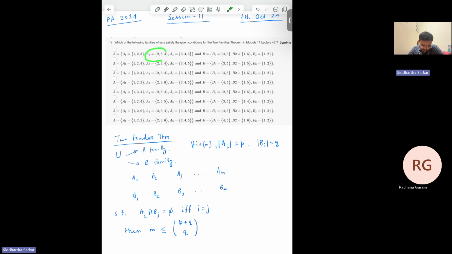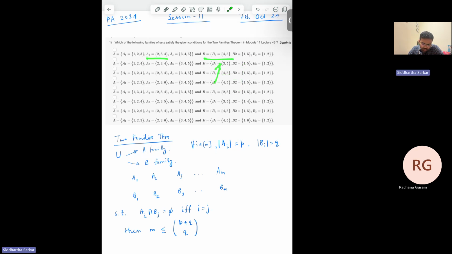Now let's verify with respect to A2. A2 intersection B2 is empty, since 2, 3, 4 and 1, 5 have nothing in common, so this condition is satisfied. Now let's look at A2 and B1.